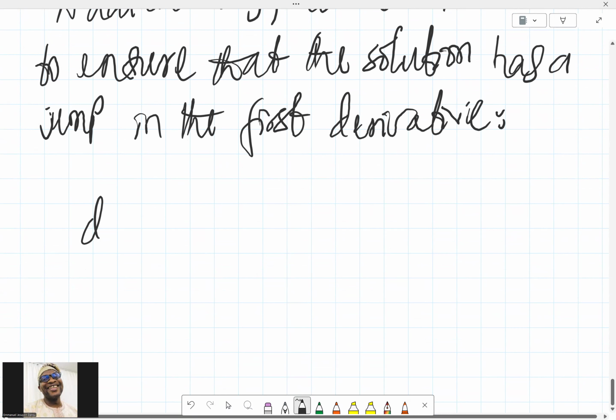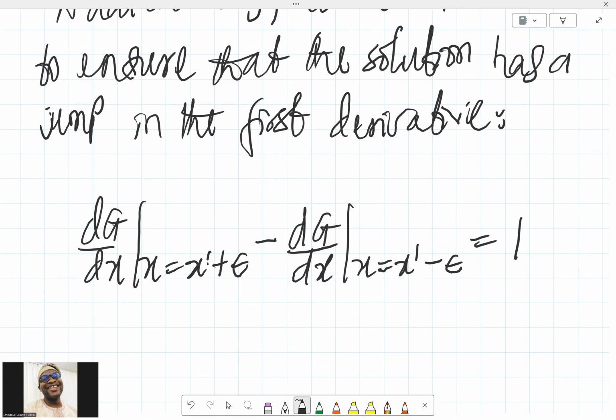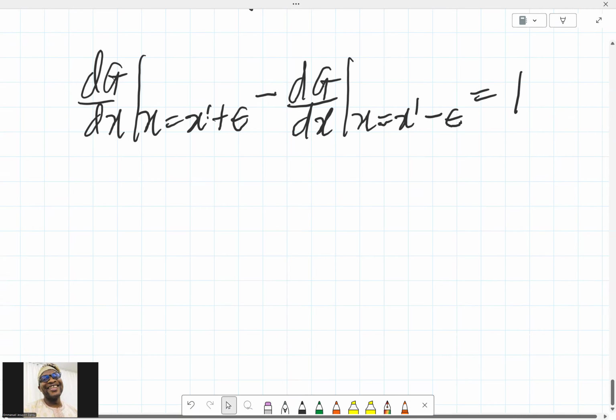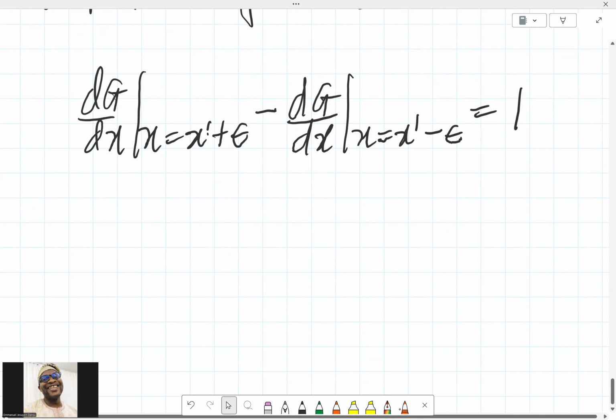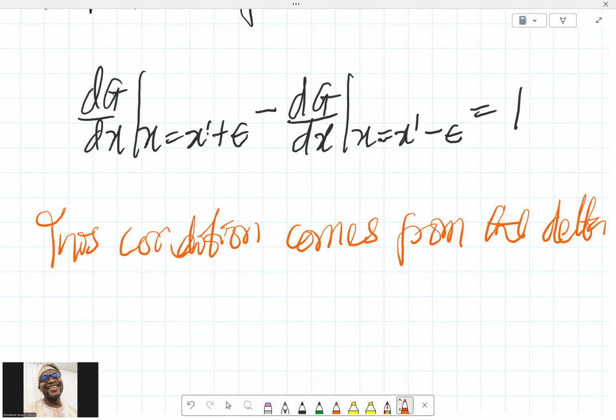So that we have dg dx evaluated at x equals x prime plus epsilon minus dg dx evaluated at x equals x prime minus epsilon is simply equal to 1. Okay. So this condition comes from the delta function's property.